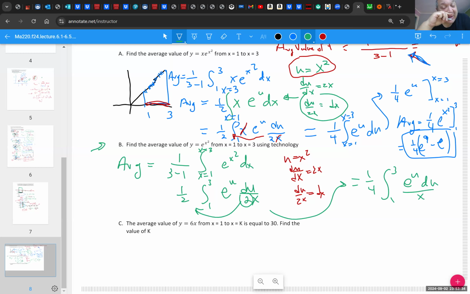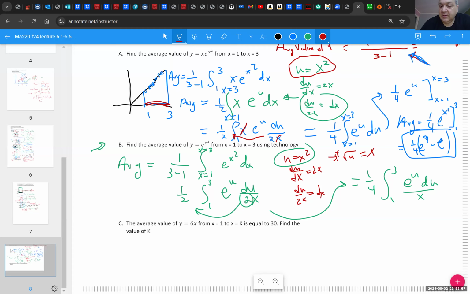And remember, I got to convert all of my x's into u's, and I didn't so far because we didn't have any division or cancellation of x's, but I know how to get rid of x. I just have a formula here, u is equal to x squared, so I just need to solve for x. So I can just square root both sides, and that gives x is equal to plus or minus square root of u.